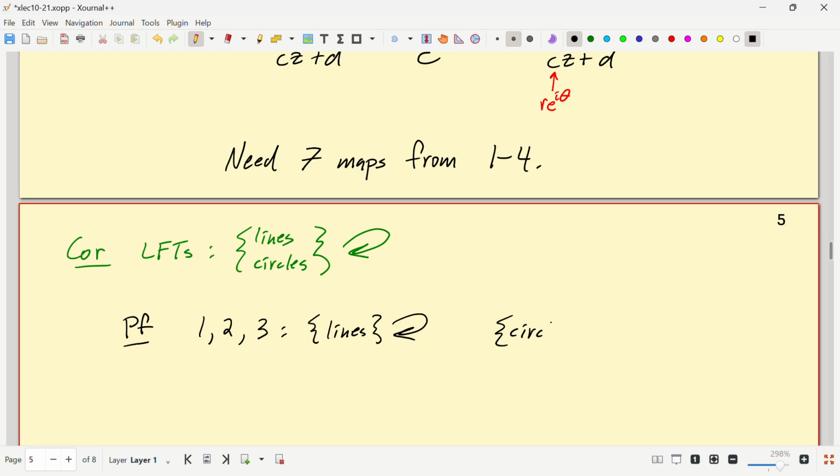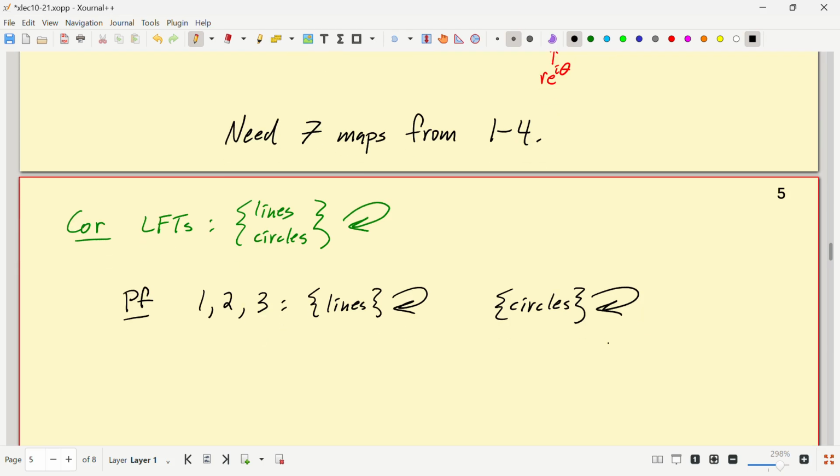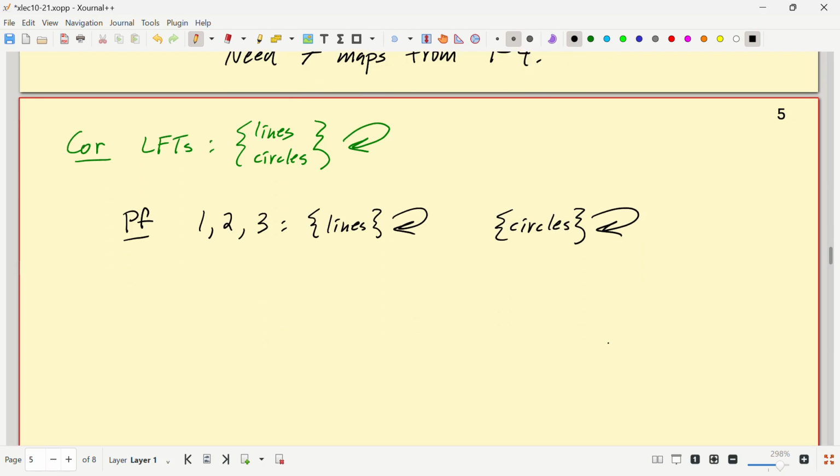So those are a no-brainer. It's inversions that can mix them up. 4 can mix them up, and sometimes it doesn't mix them up. I'll give you a picture proof of this.